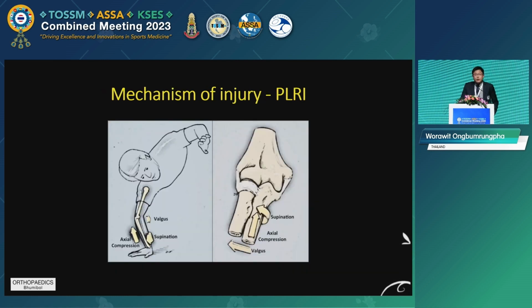So let's talk about posterolateral rotatory instability. PLRI is a combined three-dimensional motion pattern. It cannot be recreated as a mechanism in the laboratory. You can create this mechanism like a pivot shift of the knee. It typically occurs with a fall on an outstretched hand.